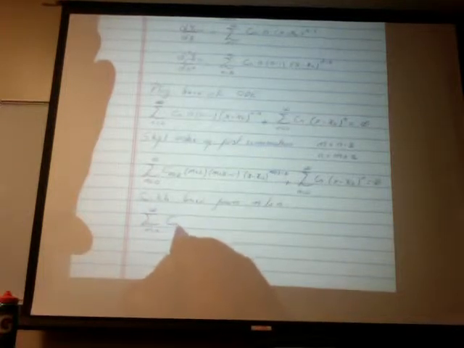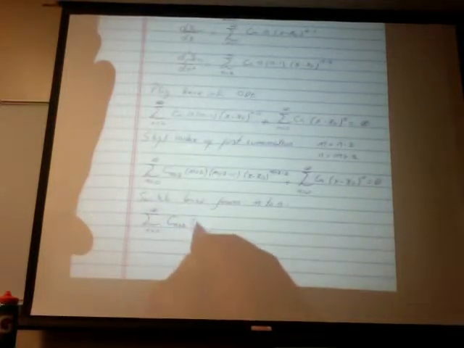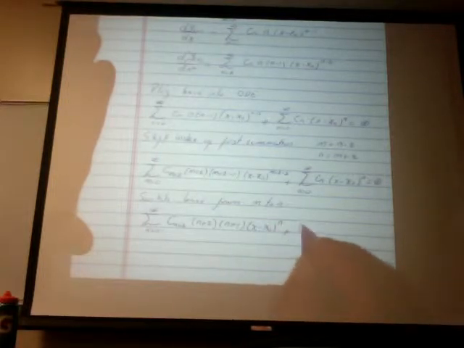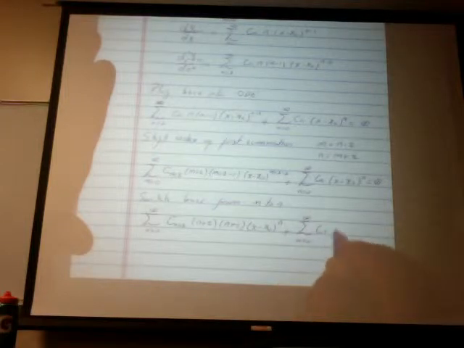This is going to be Cn plus 2, this is going to be n plus 2, this is going to be n plus 1, and this is going to be (x minus x0) to the n, plus the summation from n equals 0 to infinity of Cn (x minus x0) to the n. Now we have two summations that use exactly the same index and start at 0.